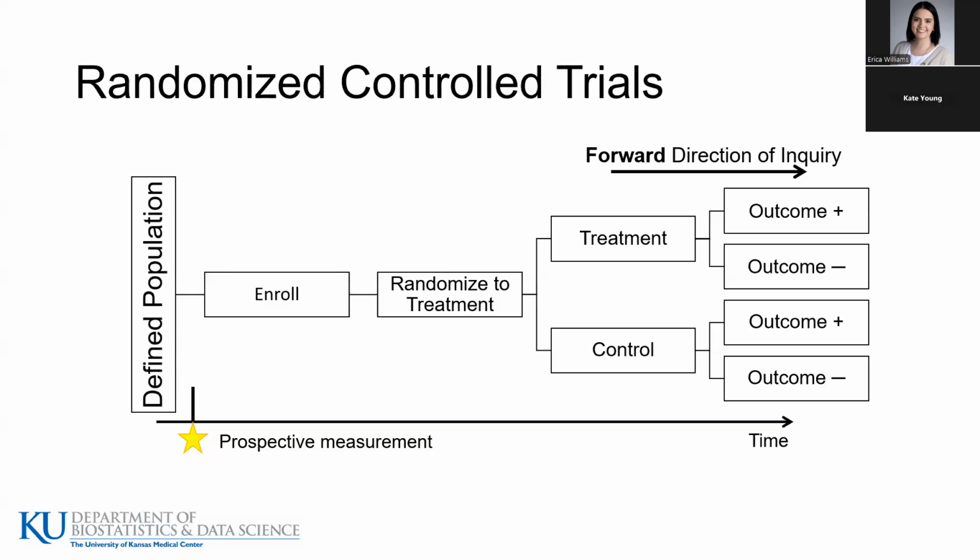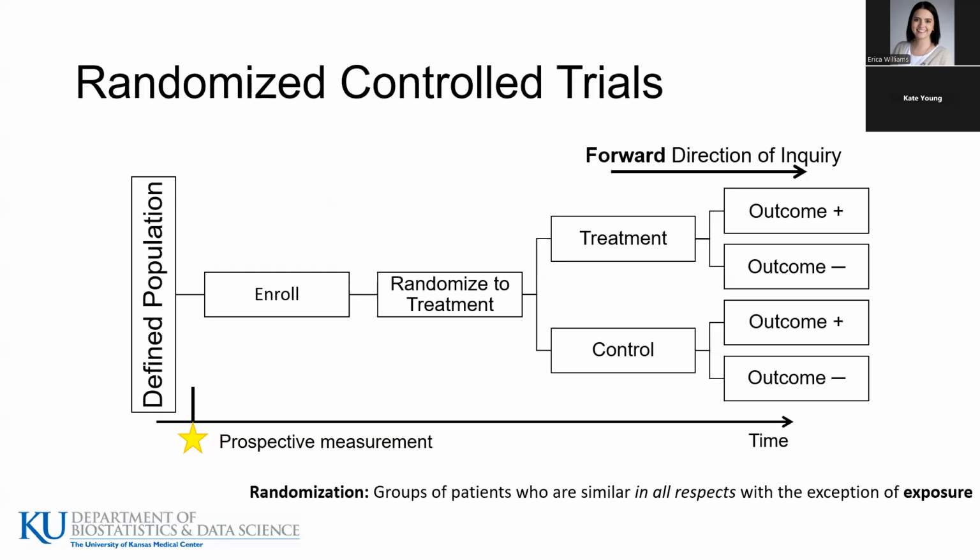And then the randomization is what ensures that the treatment groups are similar in all aspects, except for the exposure that they received. So if we observe differences in outcomes, we can be confident that those are a function of the exposure and not a function of any extraneous variables. So these characteristics all increase the confidence that we have in a randomized controlled trial.